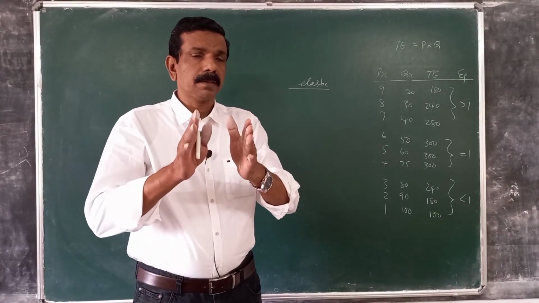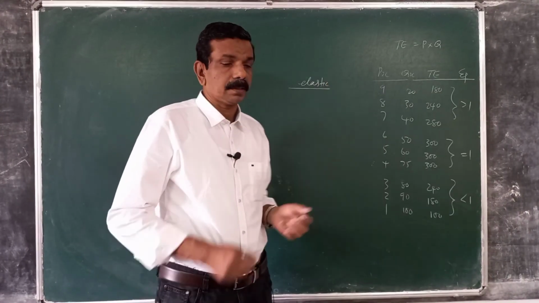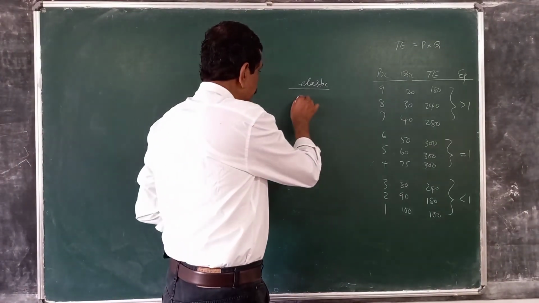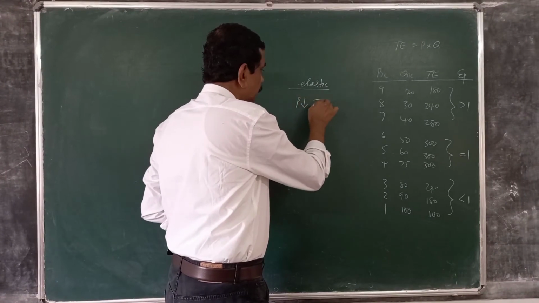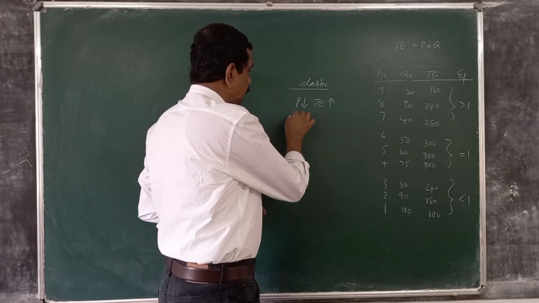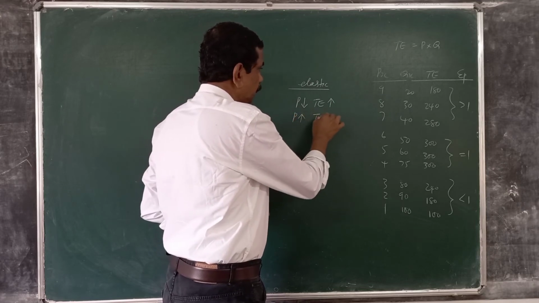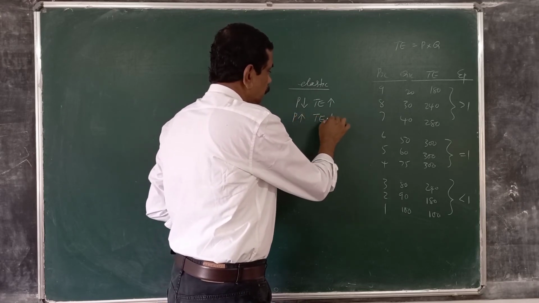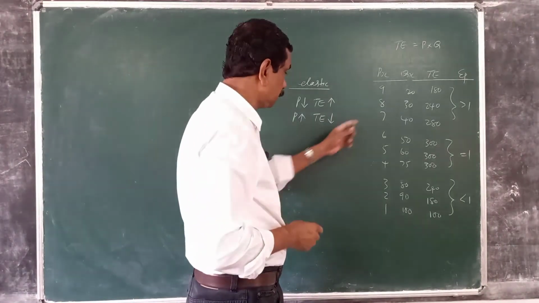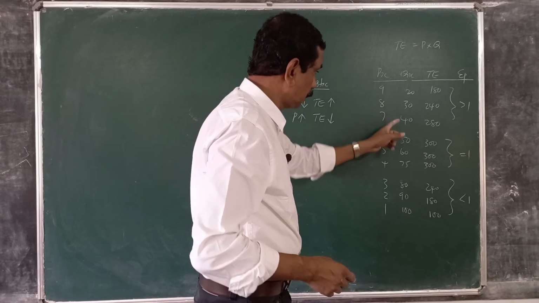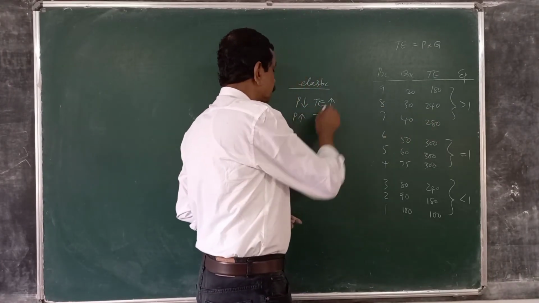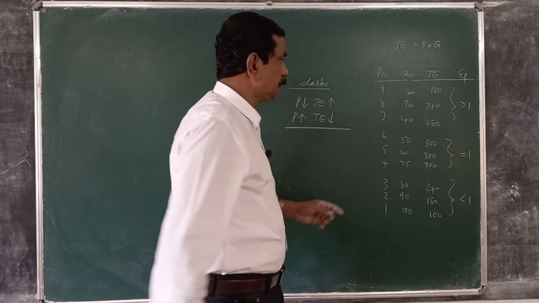Anyway, for the time being, demand is said to be elastic if for a fall in price, total expenditure increases, or for a rise in price, total expenditure decreases. For a fall in price, total expenditure increases, and for a rise in price, total expenditure decreases. Then demand is said to be elastic.